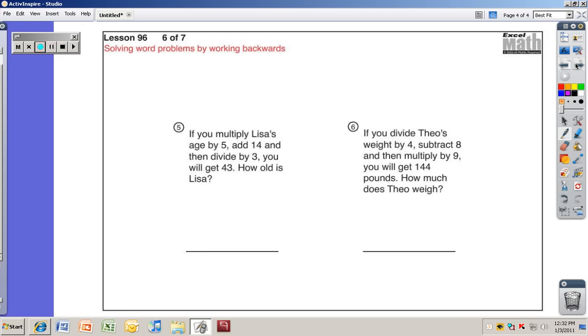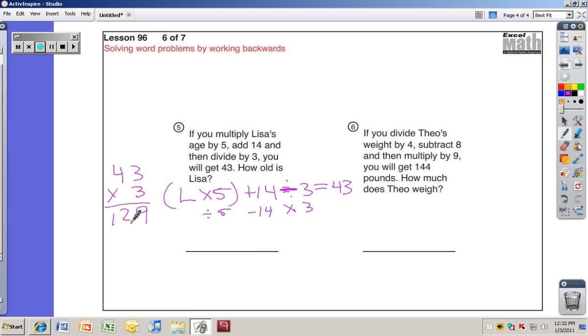If you multiply Lisa's age by 5, add 14, oops, and then divide by 3, we're adding another step on, you will get 43. So we're going to multiply by 3, subtract 14, and divide by 5. So 43 times 3 first. 43 times 3 is 129, and then we're going to subtract 14.